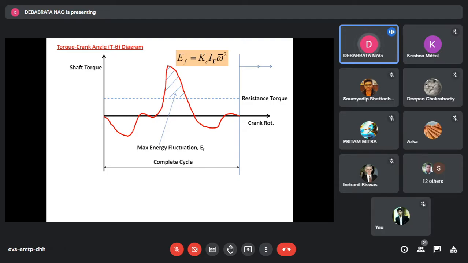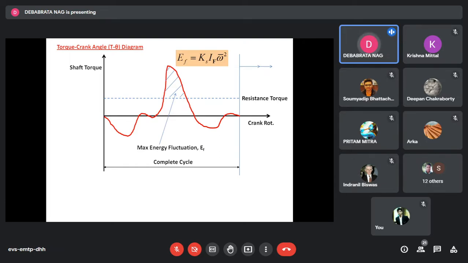If the installation is not that important or not precision-driven equipment, for example, an agricultural pump to water the field driven by a small DG set, then even if there is a little bit of speed fluctuation, nothing much disastrous will happen.